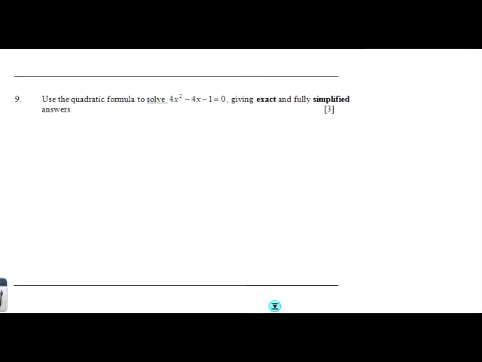Okay, let's move on to this one. So this is the bit that's a little bit confusing. Just ignore it at this point and use the quadratic formula, which you should know is negative b plus or minus. If you don't know this, there's some really interesting YouTube videos to help you to remember it.